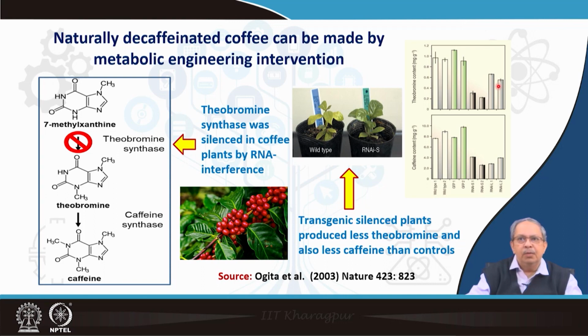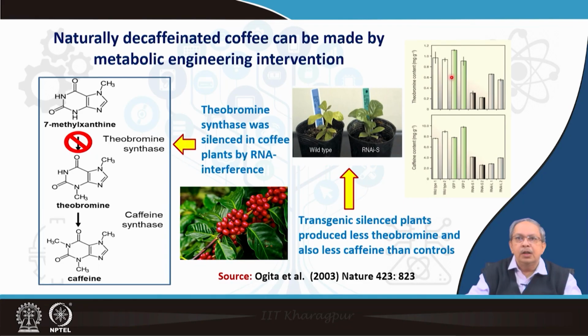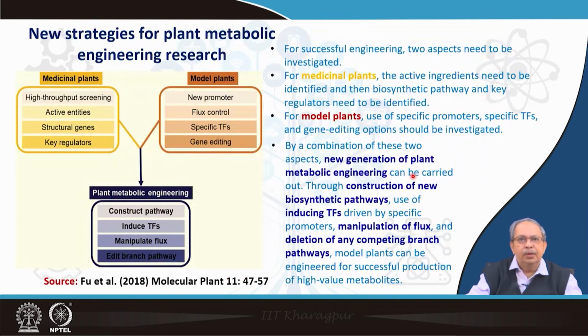So, this is the caffeine level of the control lines. This is the theobromine and this is the caffeine level, right. So, these are the control and this is the transgenic. Both the theobromine and the caffeine are getting suppressed, which is very much desirable in the coffee plant.